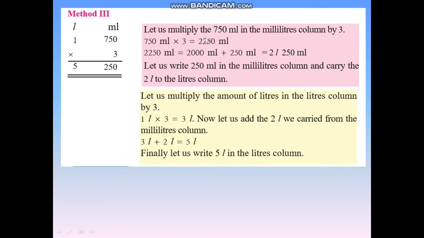Then we get 2000 milliliters plus 250 milliliters, that is 2 liters 250 milliliters. So we are going to shift this 2 to the liters side, multiply 1 by 3, you get 3, add this 2 to this, you get 5. So we are done with the answer. The answer is 5 liters and 250 milliliters.